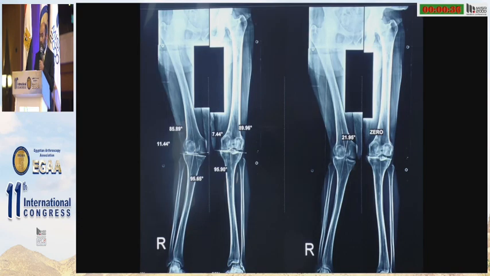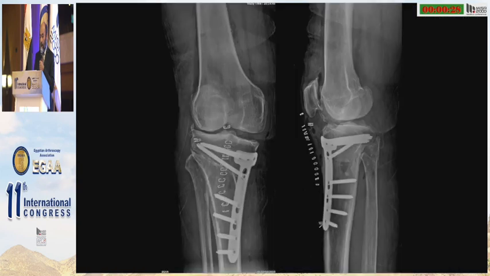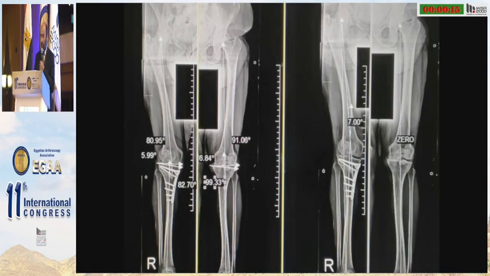This is the stitching film. Around 22 degrees of valgus deformity. I divided the procedure. This is his horrible MRI, and this is what I did. And this is the Schuss view. I understand that the joint line is oblique because he's still having another stage of distal medial closing wedge femoral osteotomy. And this is his alignment after the first procedure.